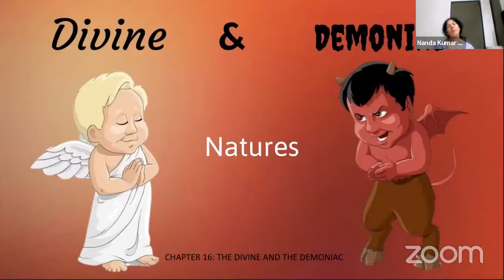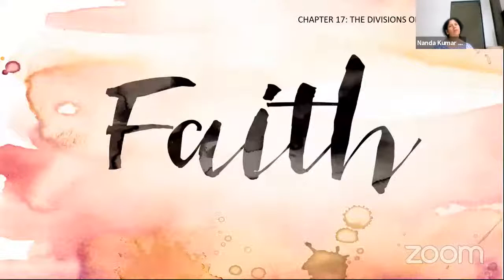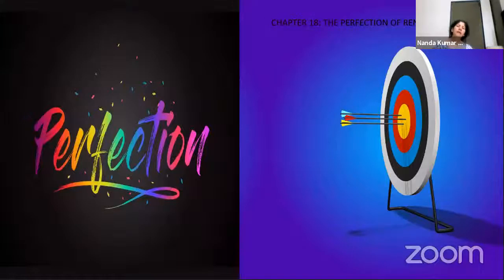We'll come to know whether we are more endowed with divine qualities or demonic qualities. Then the 17th chapter is divisions of faith. And the 18th chapter is perfection of renunciation. And that's what we have to aim for. We have to aim for perfection in our lives, perfection in anything and everything that we do.